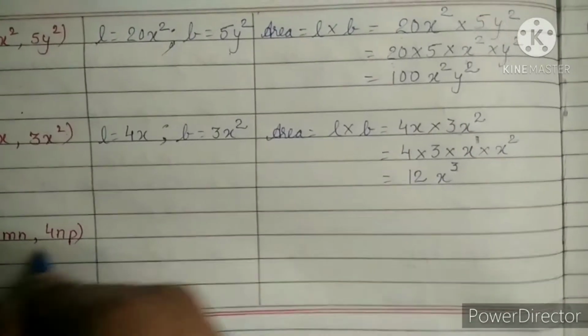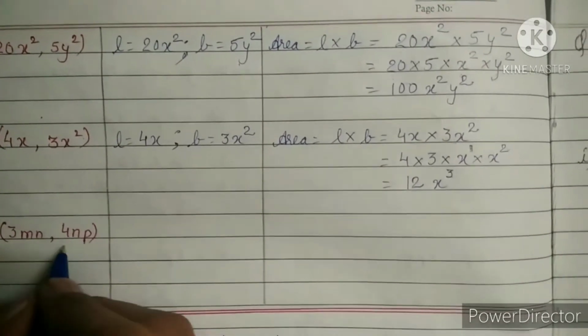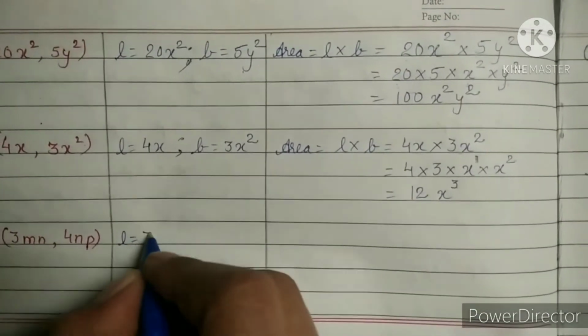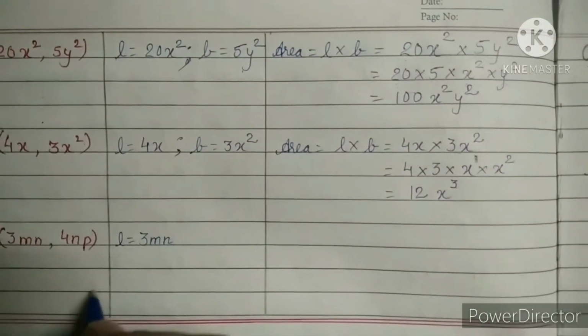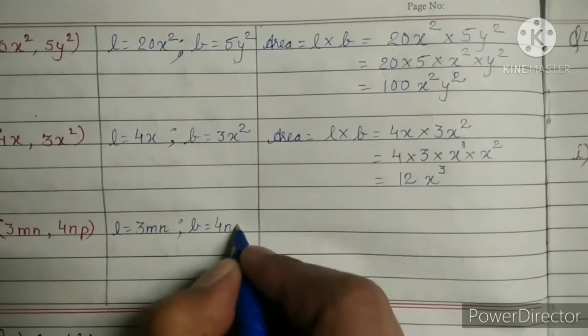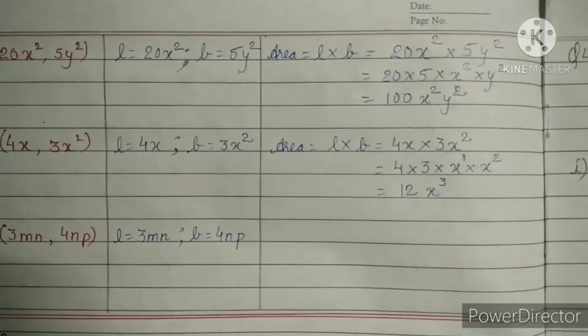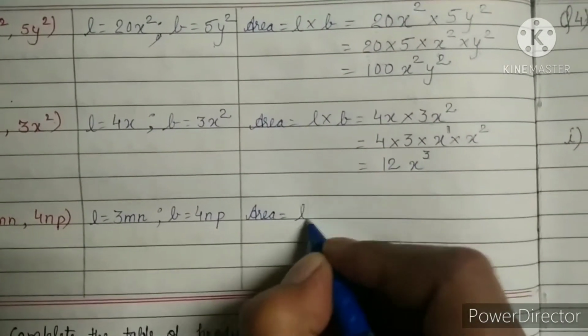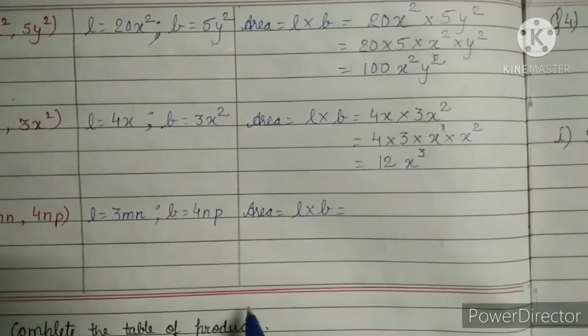Now the last, 3mn and 4np. Length is represented by 3mn and breadth is represented by 4np. Now you know the area of a rectangle is length into breadth.